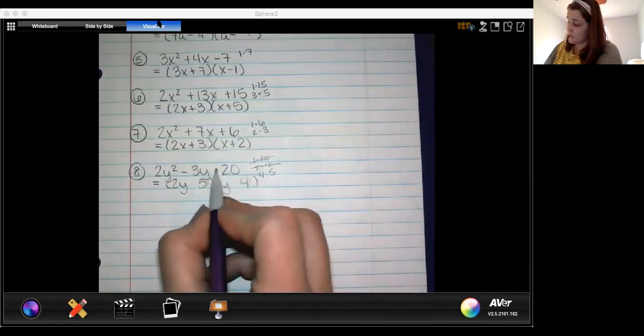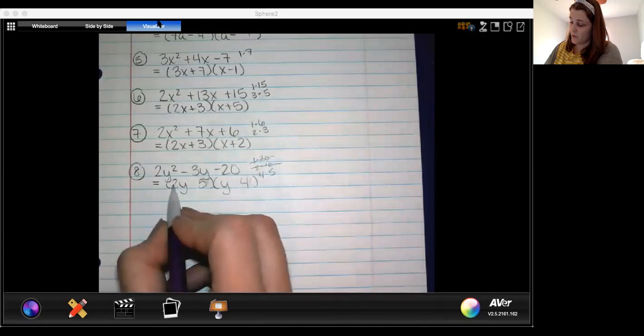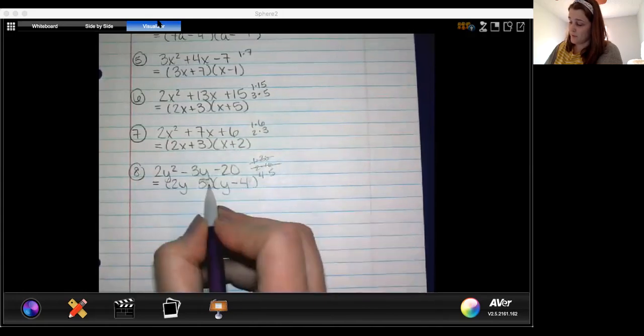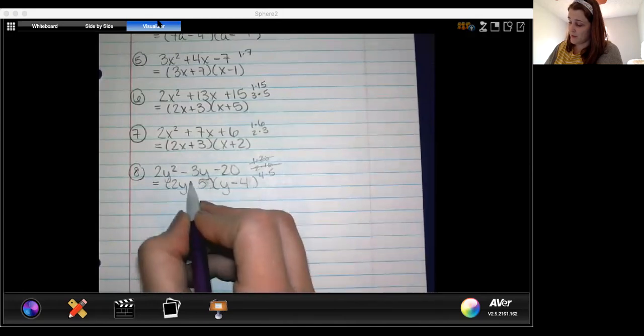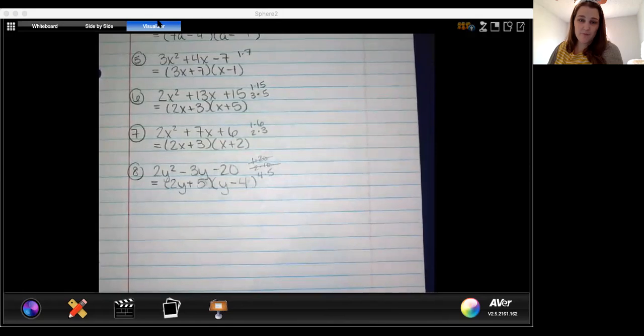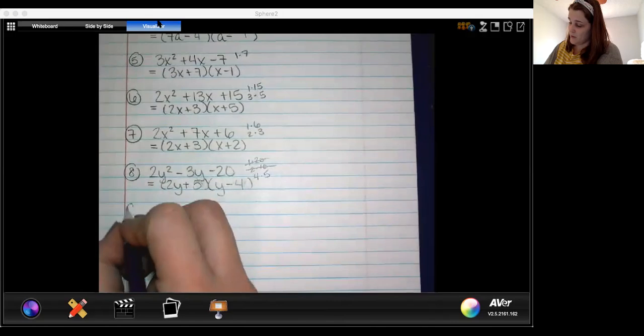So I want it to multiply to a negative and add to a negative. So I want 2y times negative 4 be negative 8 plus 5y to get me back to negative 3y. Okay, good job on number 8.